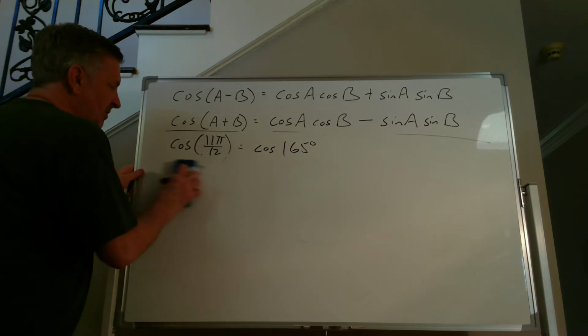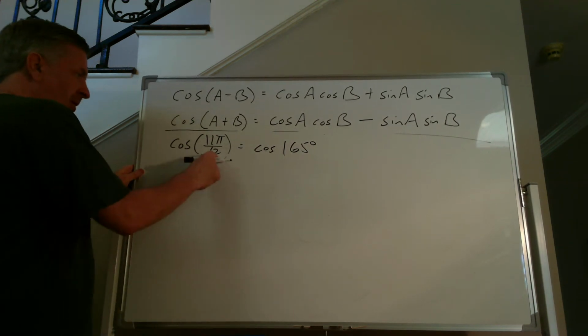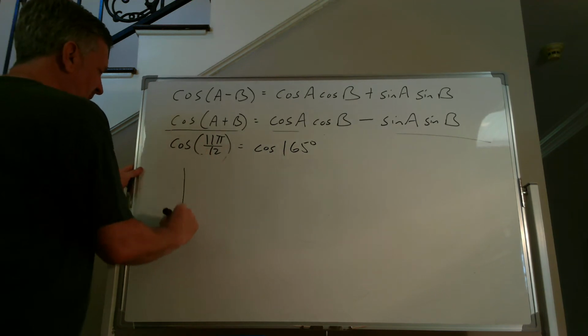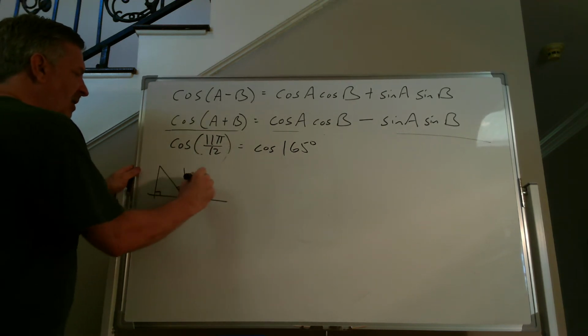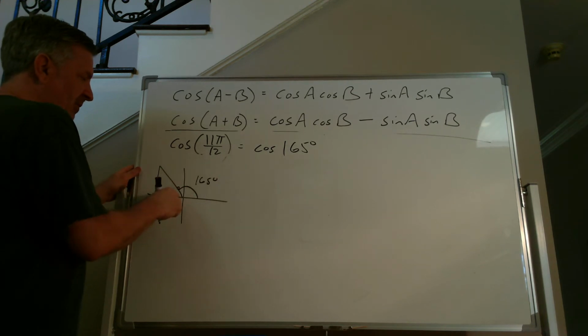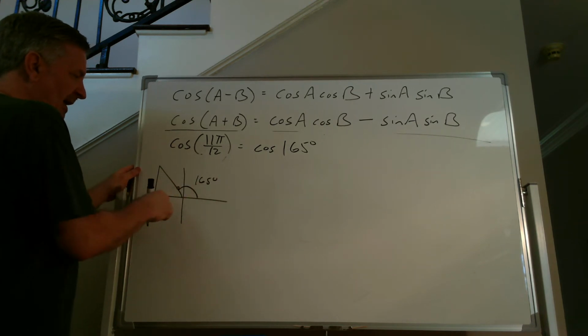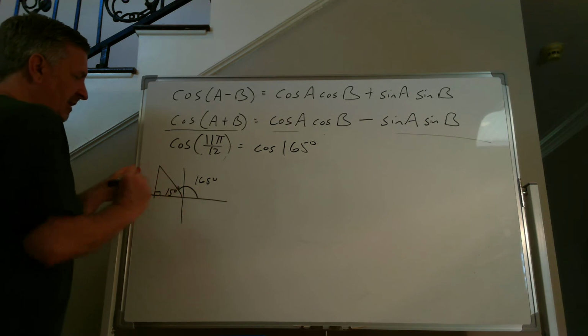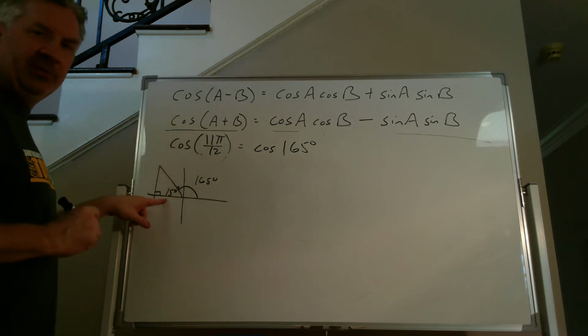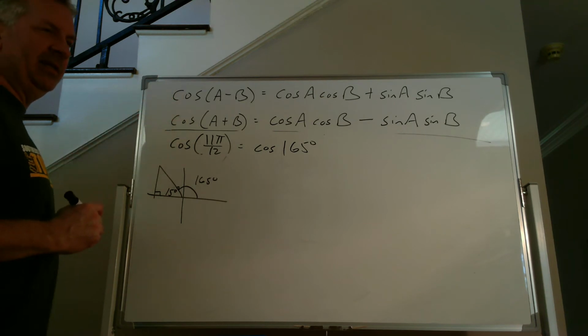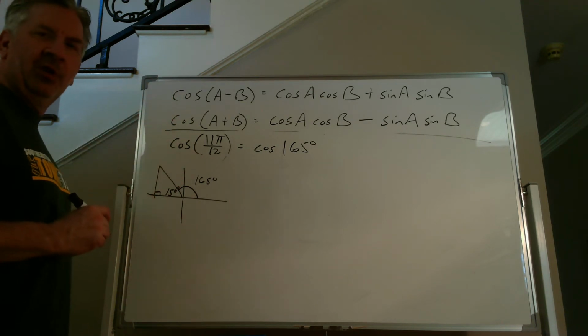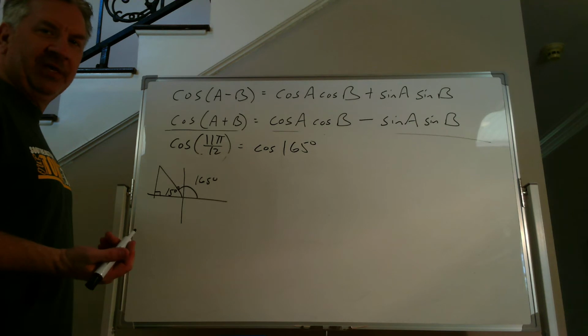Now 165, if you didn't believe me before about we can't do that from chapter 2, sketch 165. 165 is in the second quadrant. Now, what's the reference angle of 165? Well, 180 minus 165 is 15 degrees. And again, we don't have a special triangle for 15. The only angles these identities are going to help us find exact values for are angles with a reference angle of 15 or 75.